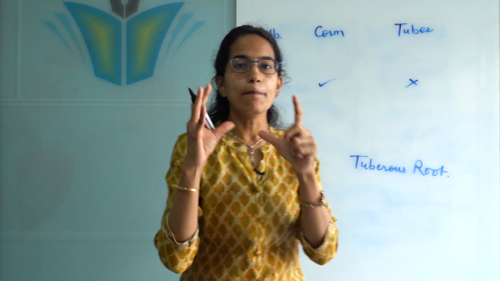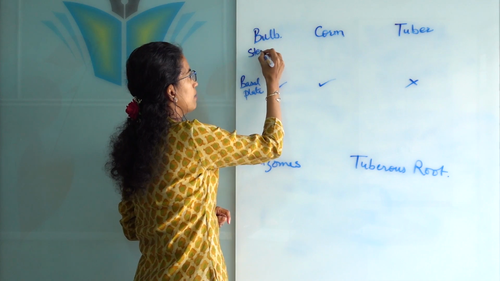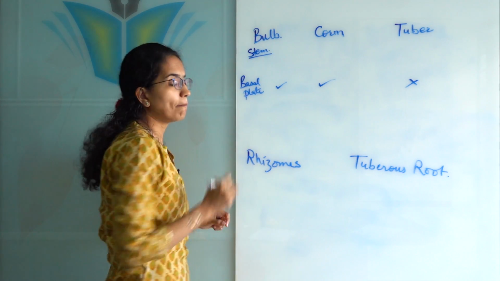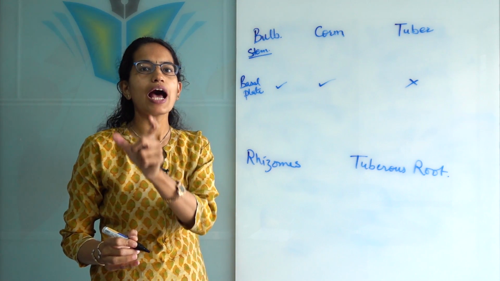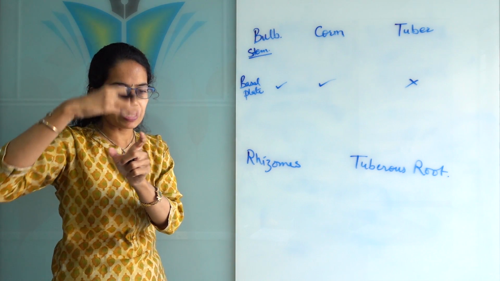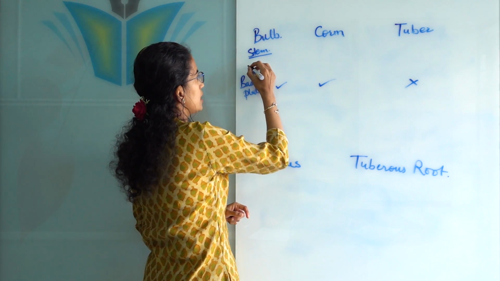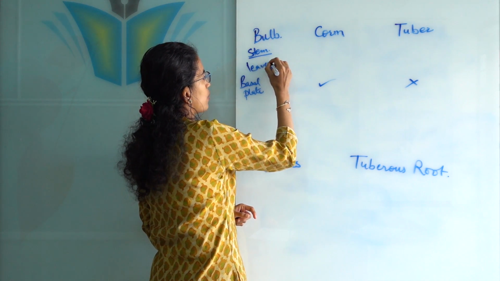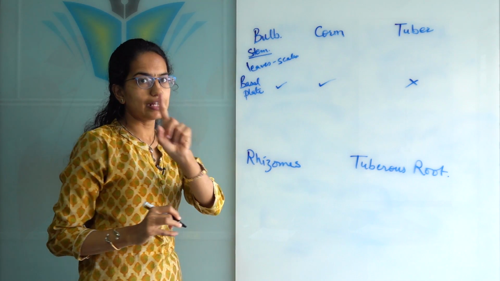Bulbs are compressed underground stems. So, a bulb is a compressed underground stem, but it has modified flower buds and modified fleshy leaves, which are called scales. Here the leaves are also modified, they are called scales. So that's how we identify bulb.